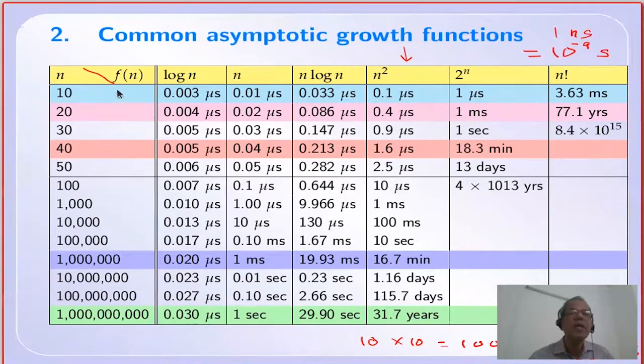Maybe for 10, it does not matter whether you choose an algorithm of running time n factorial or 2 power n or n squared or n. It is also a very important observation. When the input size is small, it does not really matter how efficient the algorithm is.